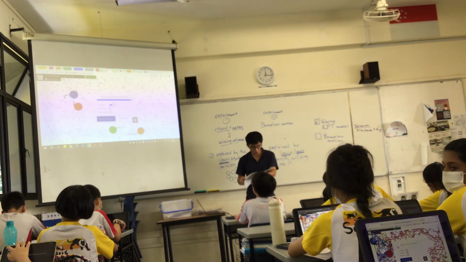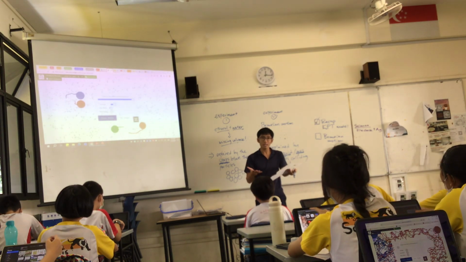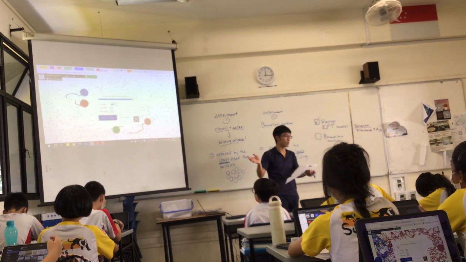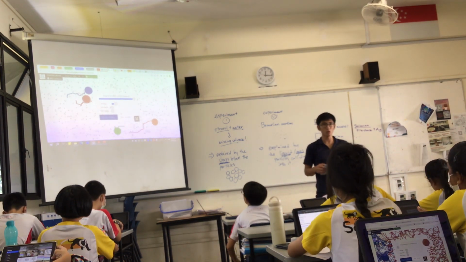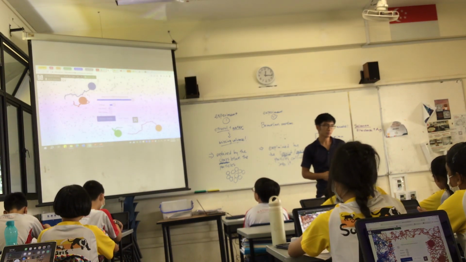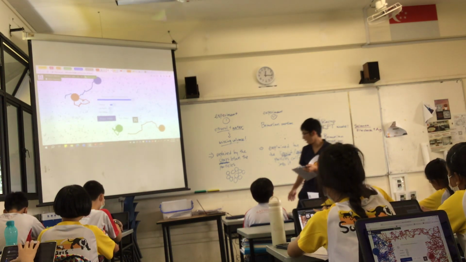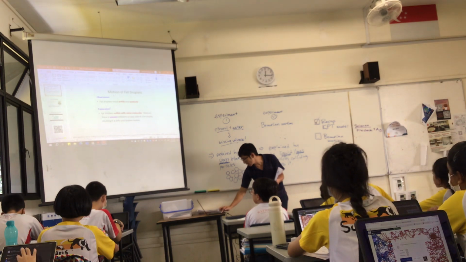So let's go to the question below, some thinking questions. I said so many times that this is happening because the water molecules are moving. But A, why are water molecules not observed in real life? What do you think? Okay, thank you, Kara. Why are the water molecules not observed in real life?